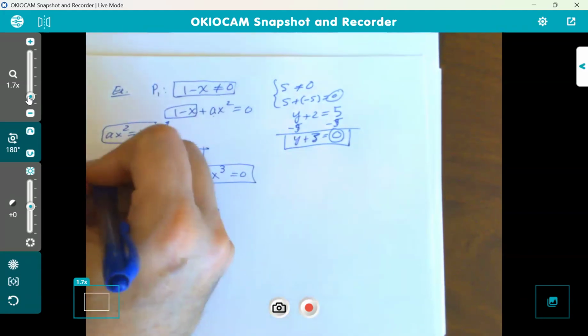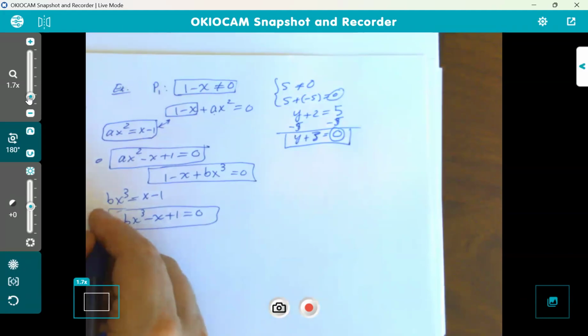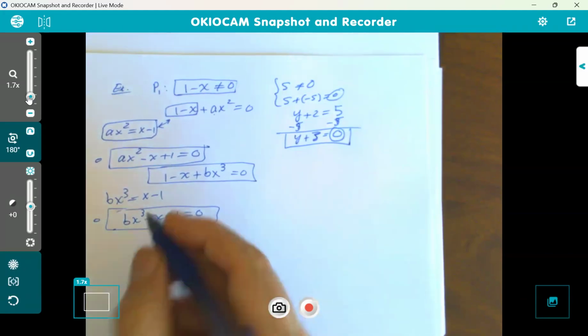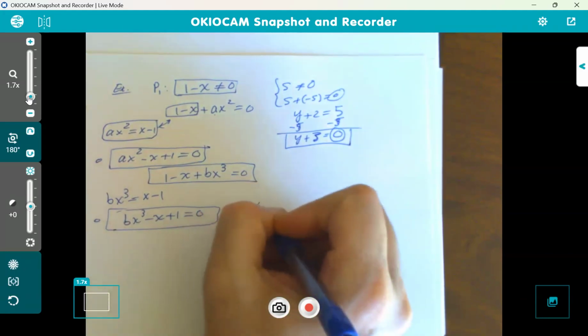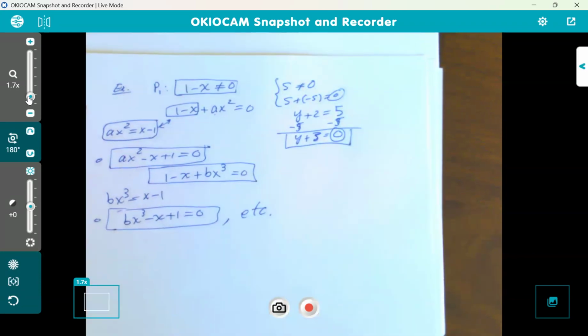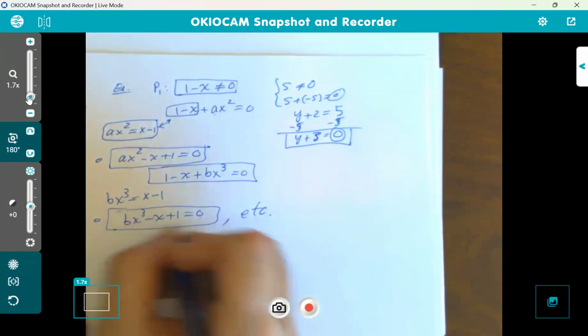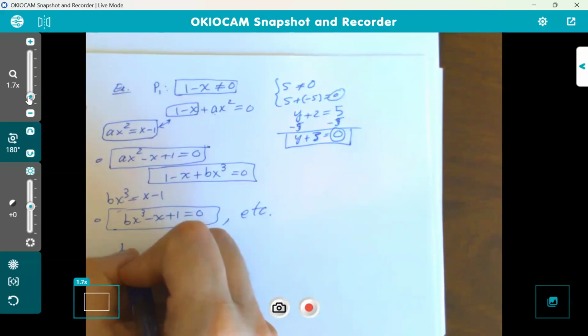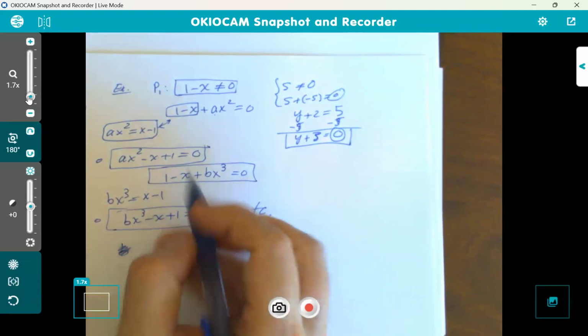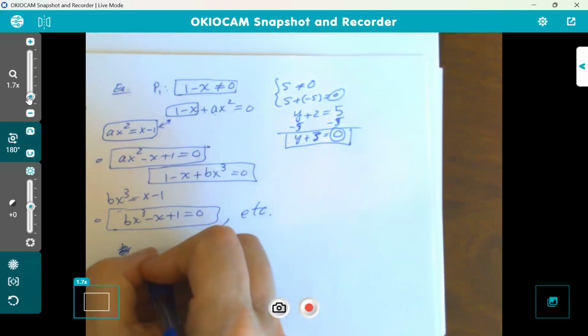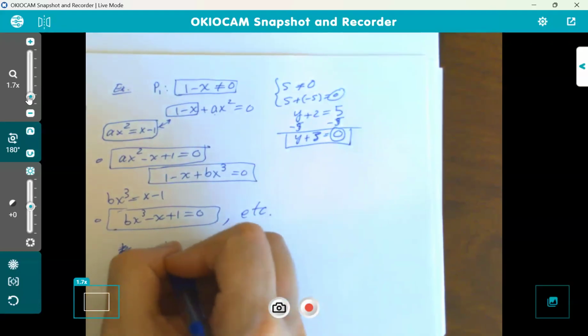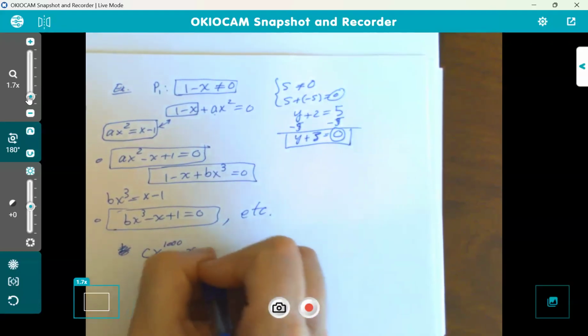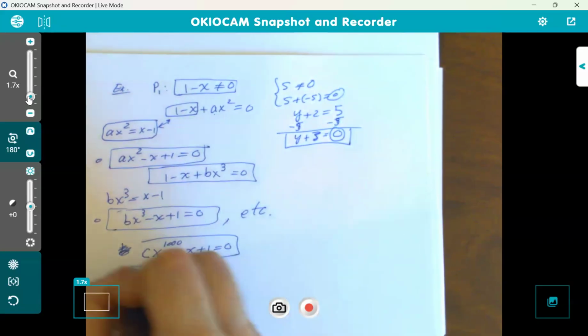Up here, I have a quadratic equation. Down here, I have a third degree. Okay, and so on, right? We can do that, etc., etc. If you want, you can let b, well, let's choose another one this time, because I used a, b. Let's go c. Wouldn't cx to the 1,000 minus x plus 1 equal 0 here?